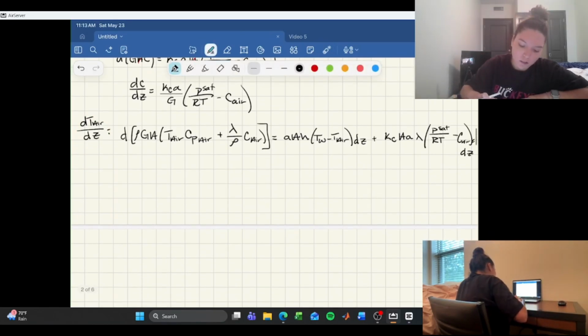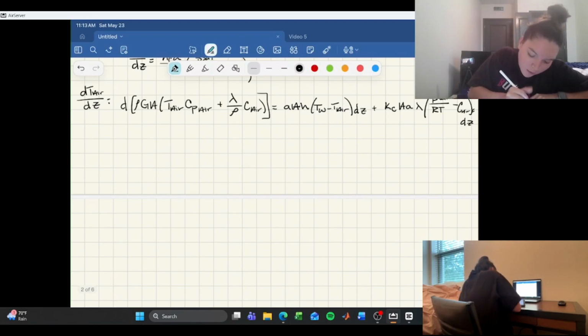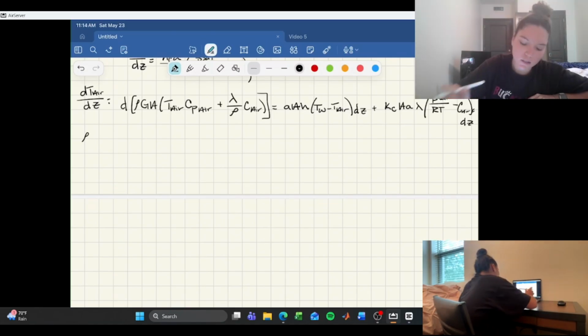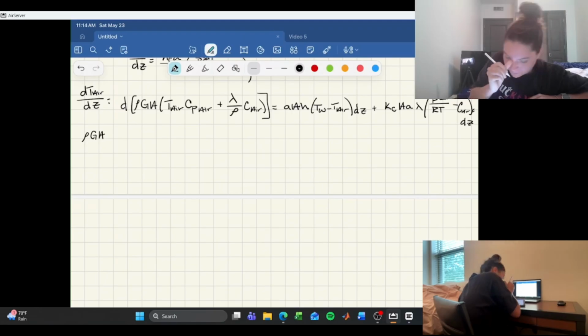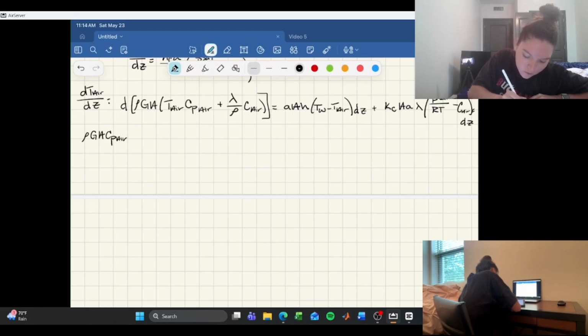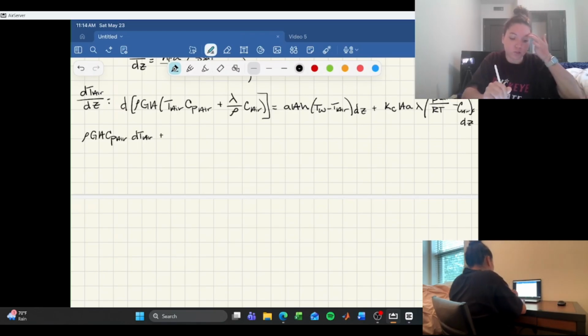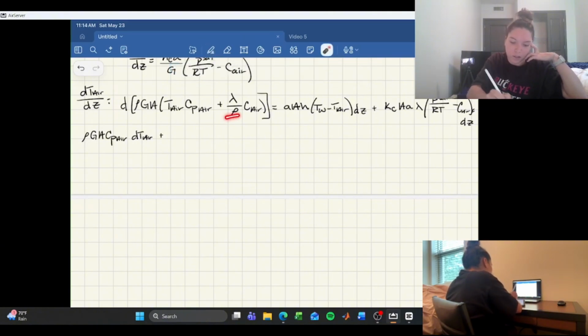So to start, looking at the left side of the equation, we're going to have the density times the volumetric flow rate times the area times the heat capacity of air times the change in the temperature of air, plus, when we distribute the density over, it cancels because there's density in the denominator.